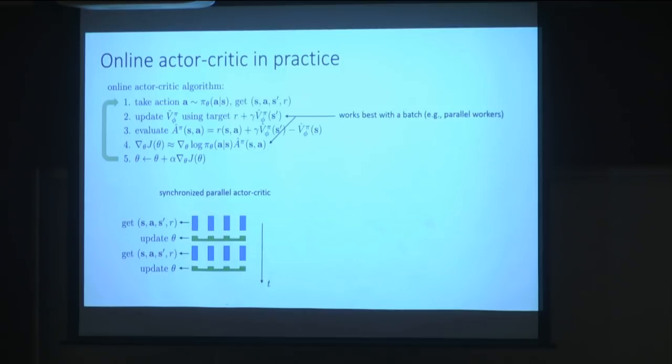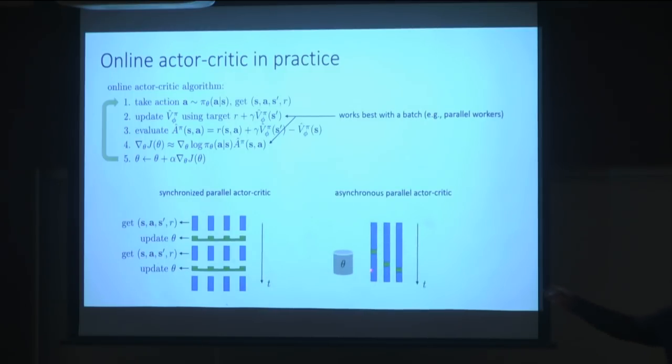You can also have an asynchronous version of this that's very similar in spirit to asynchronous SGD. The asynchronous version has some central parameter server. All the workers are running without locks, and every time a worker gets a transition, it might update the parameters and send a gradient back to the parameter server. Once you've accumulated a gradient from enough samples, you apply that gradient, and you get a new policy.